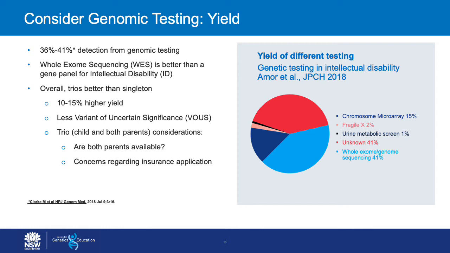In addition, there is a lower rate of variants of uncertain significance as parental sequencing is used as a reference genome to discard normal variations. If selecting a trio, considerations include: are both parents available? And concerns regarding insurance applications, which will be explored later in the next video.